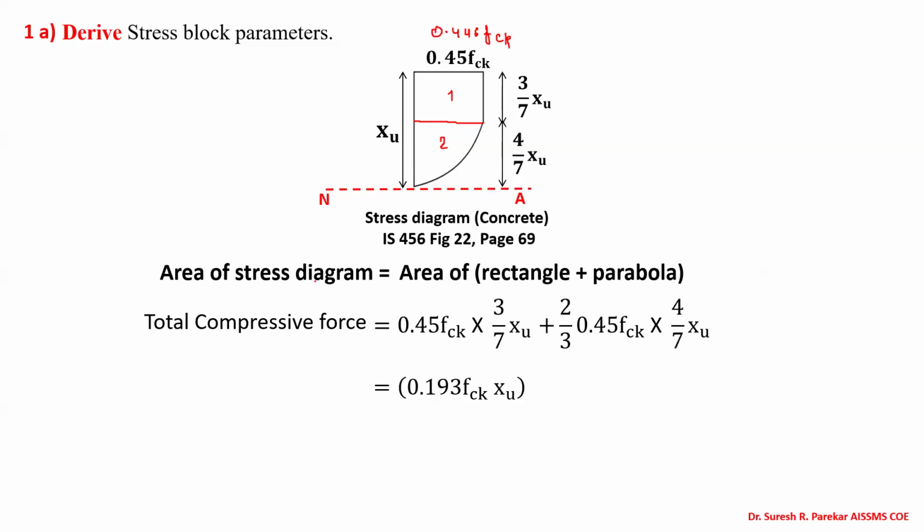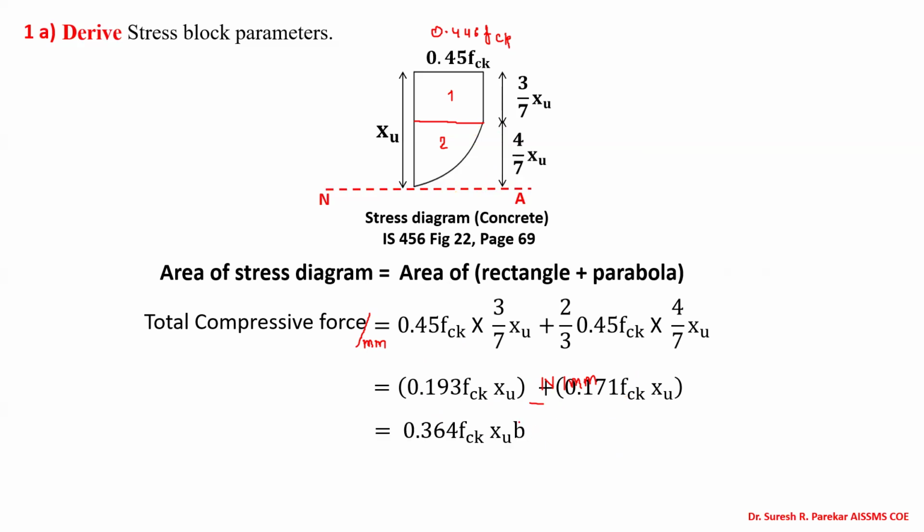And we will get the total compressive force per millimeter because we are not multiplying it by width, so it will be per millimeter. Means the unit of this force is Newton per millimeter. Then plus, this first value is 0.193 fck xu, second 0.171 fck xu.